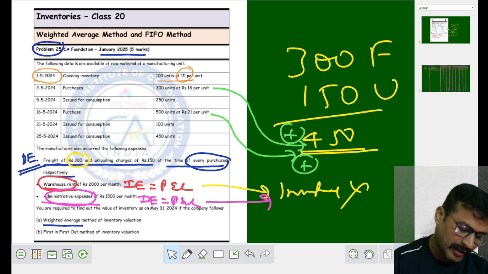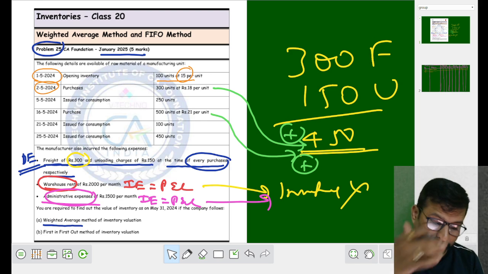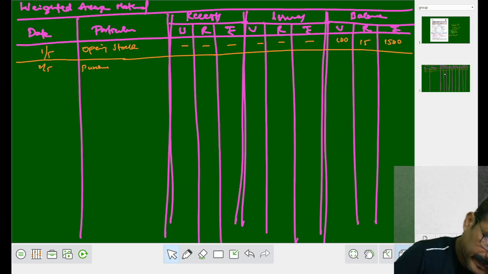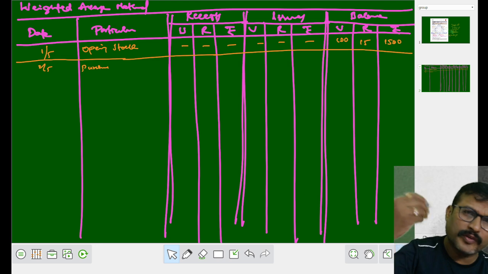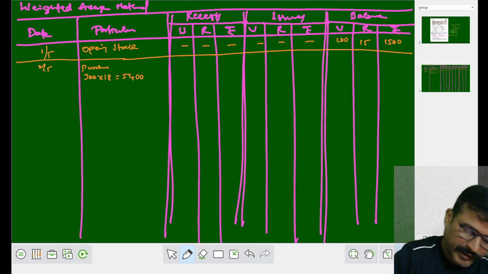See what happened on 2nd May. You have purchased. On 2nd May, you have purchased. How many units did you purchase? 300 units at 18 rupees. You can do it here only, or else you can go for a working note. 300 into 18 comes to 5400.